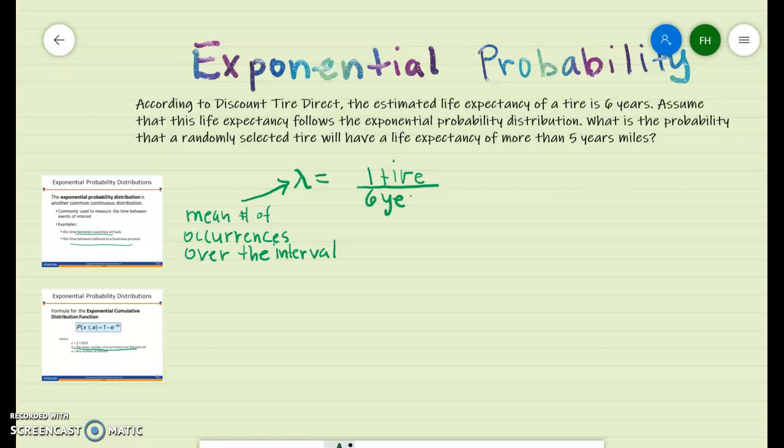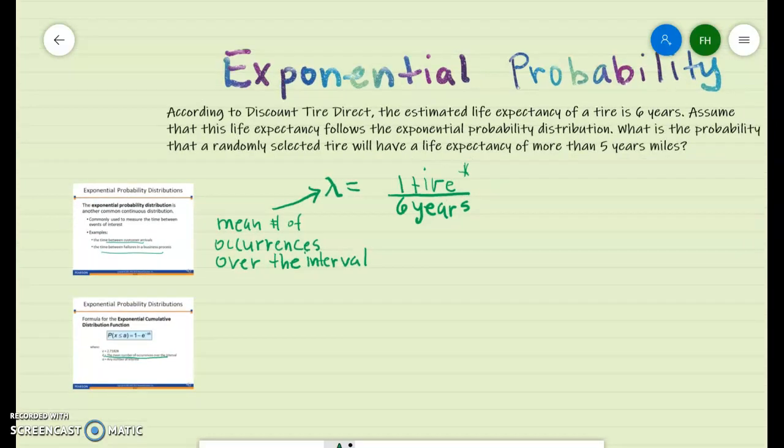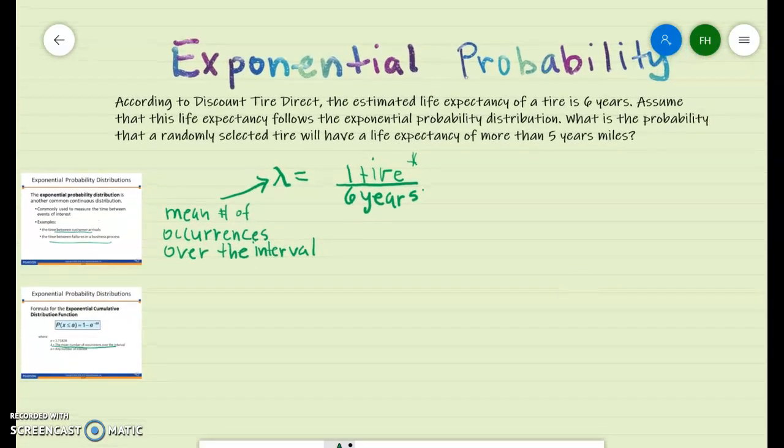So it would be 6 years. So it's the number of occurrences. So here is our occurrence, one tire over an interval, and our interval is 6 years. And then we can change that to a decimal. And I think I rounded to the 4th decimal place. So there is our mean over the interval.